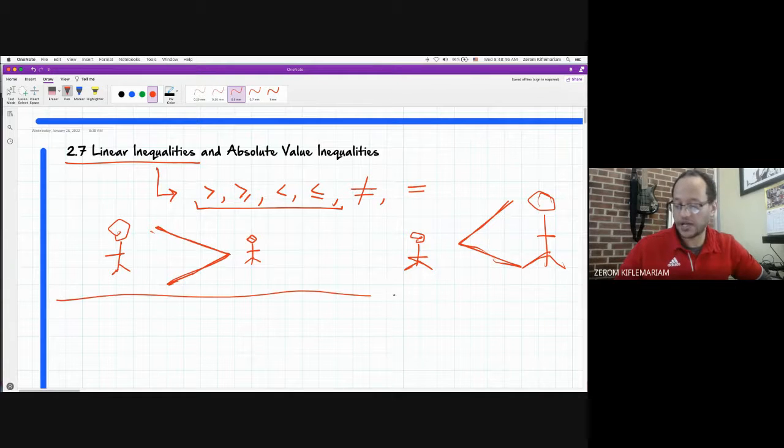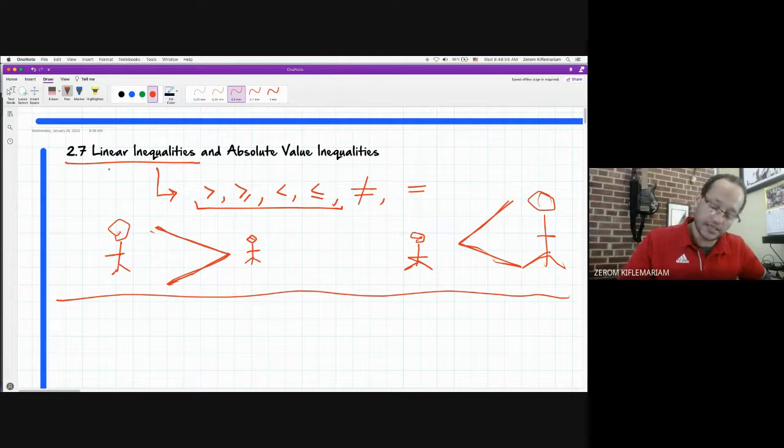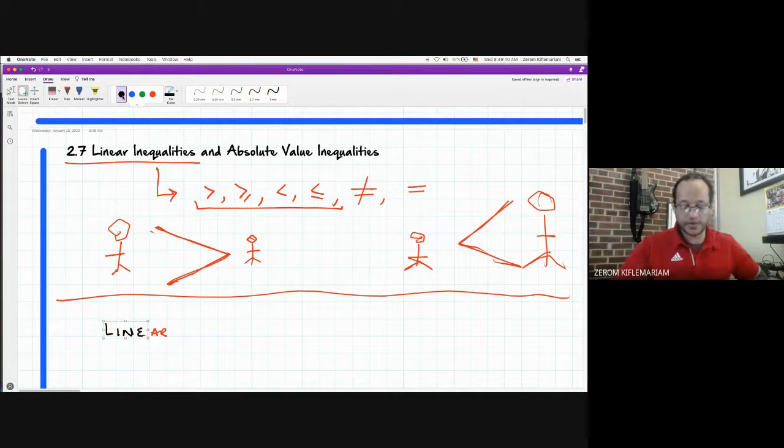But how does this apply to the topic that we are covering in chapter 2? When we are dealing with linear inequalities, as I said before, linear starts with the word line. So we are looking at actually a line, and the line is called whatever variable.